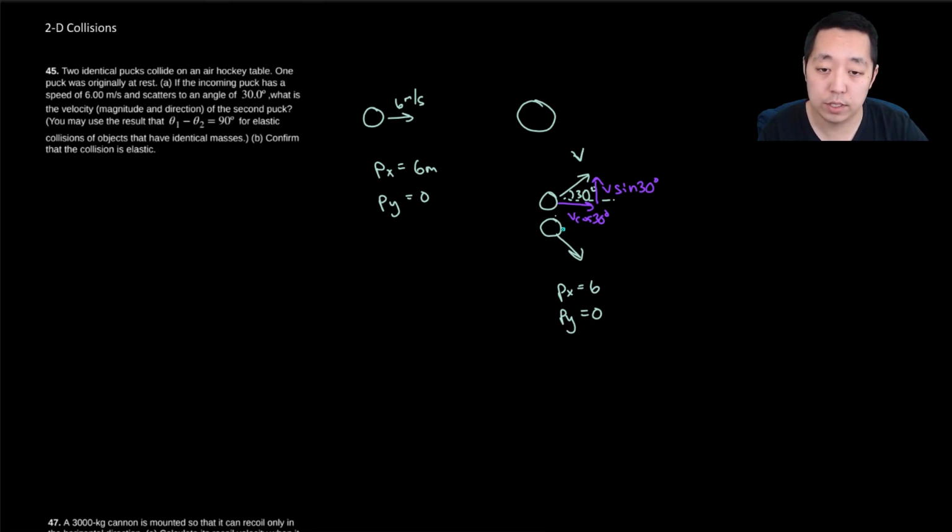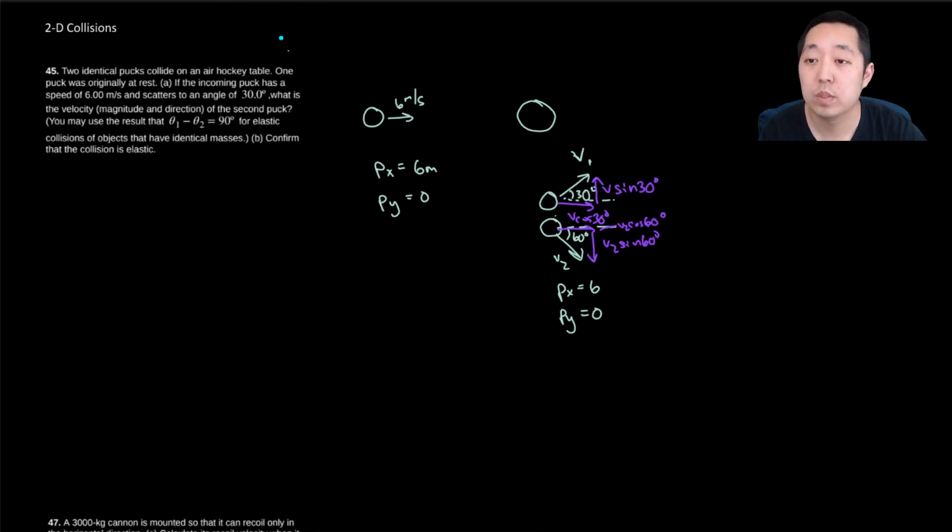So if this angle here is 60 degrees, if they move at right angles, and we'll call this V1 and this V2, then this velocity is also split into two components: V2 sine 60 degrees, and V2 cosine 60 degrees.